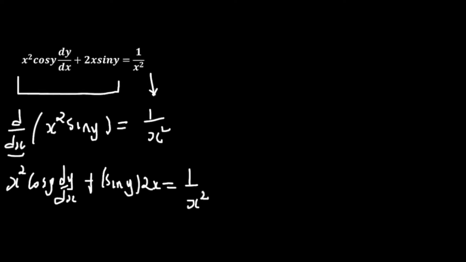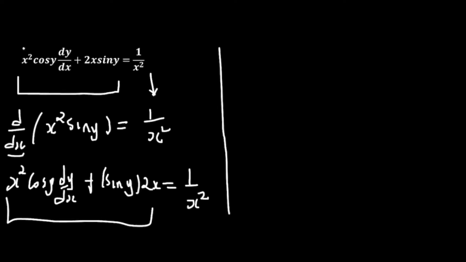So clearly we see here that this looks exactly like our differential equation. Therefore, instead of writing this whole differential equation or the two terms, I'm simply going to write the derivative with respect to x of x squared sine y equal to 1 over x squared.